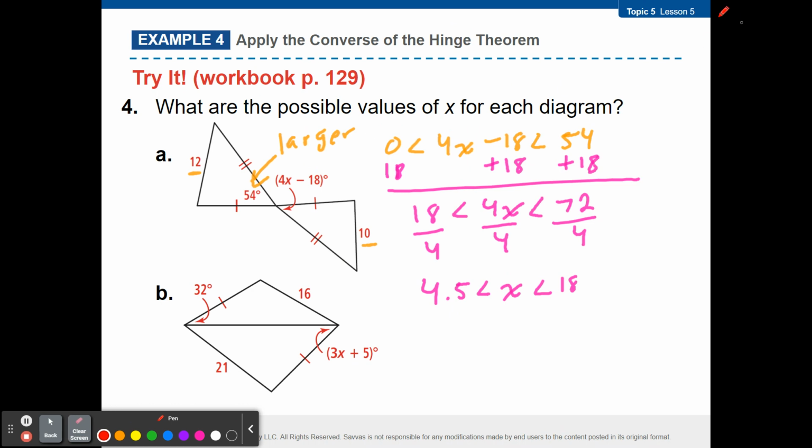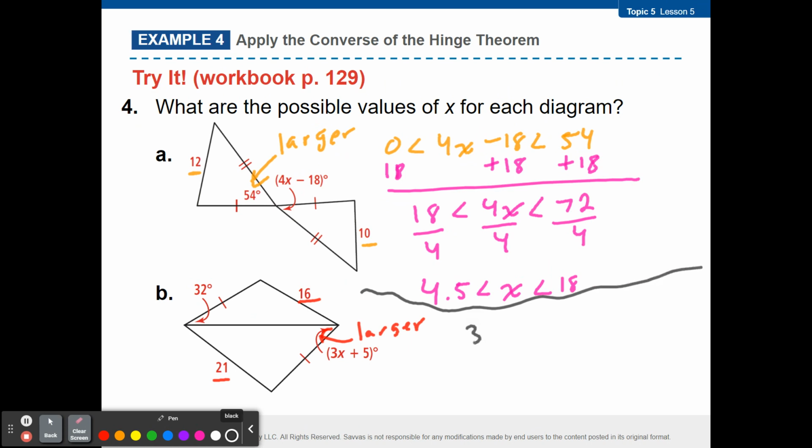Okay, for this next one, now this looks a little kind of weird, right? But if we look, here's our 21, here's our 16, which means that this guy right here is our larger angle. Since that's our larger angle, I'm going to set this up the following way.